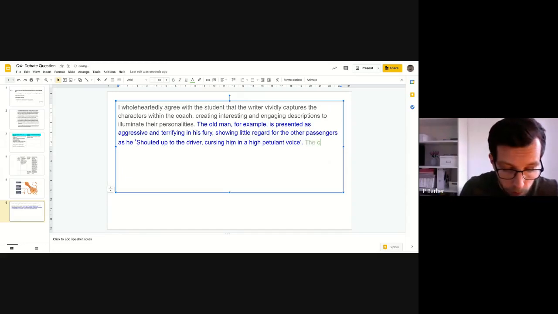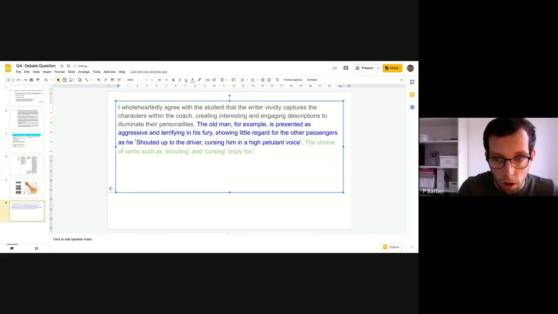So, the choice of verbs such as cursing imply his growing rage at the driver, suggesting his lack of control and manners compared to other passengers.